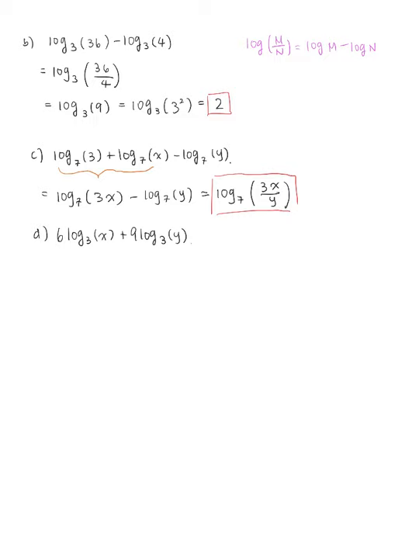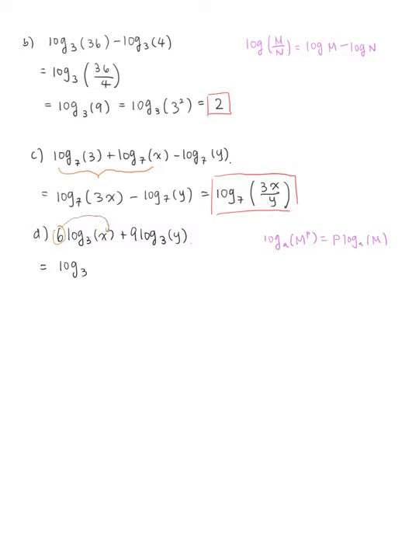So first of all, remember this one, log base a of m to the p, that's p times log base a of m. All right, so let's do it. So this is going to be the same thing as log base 3 of, now remember, this becomes the exponent on the argument here.